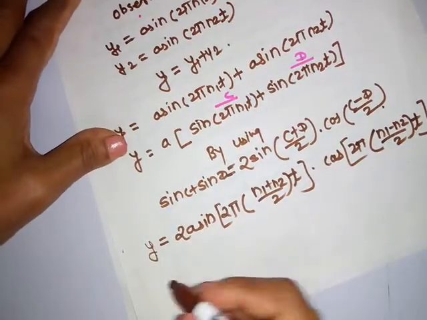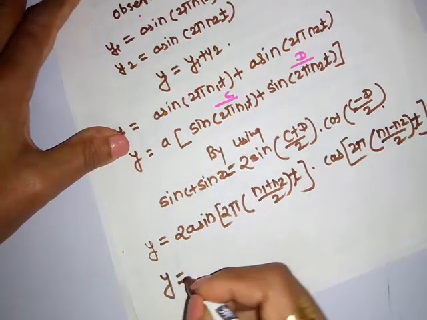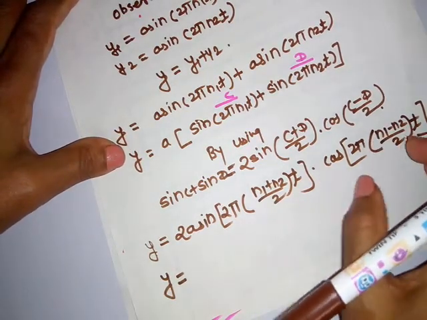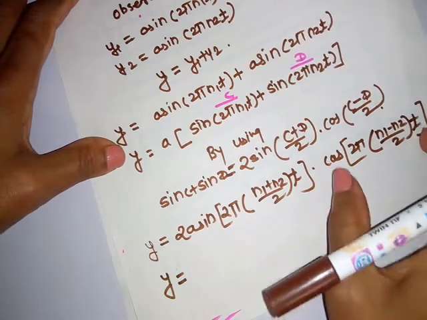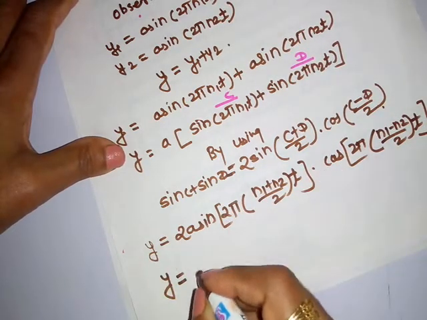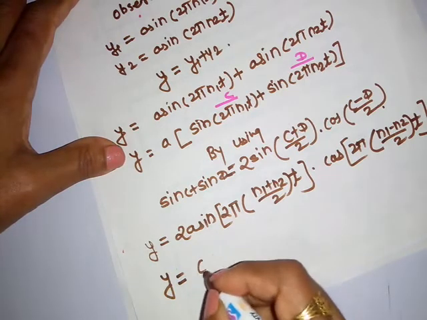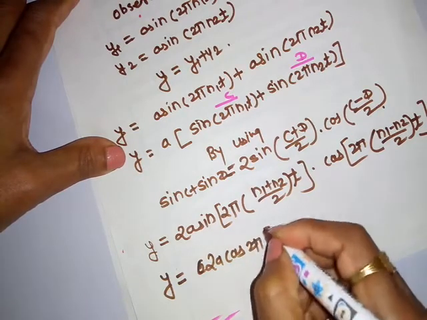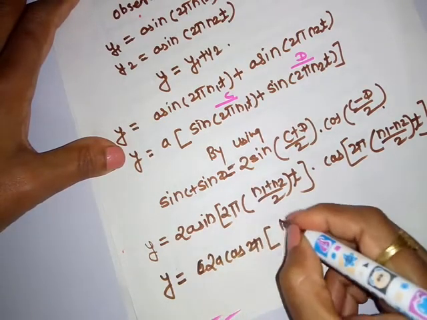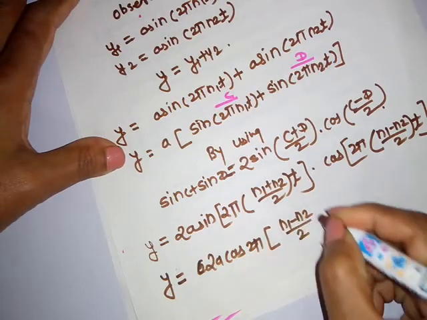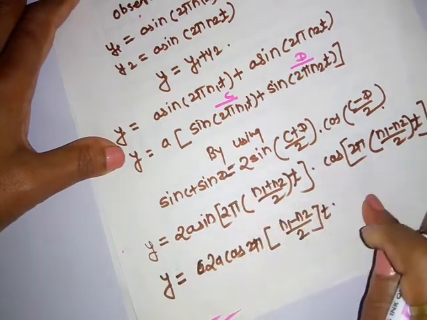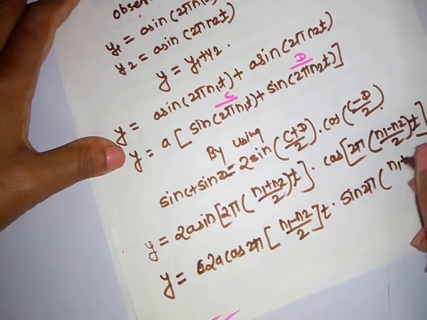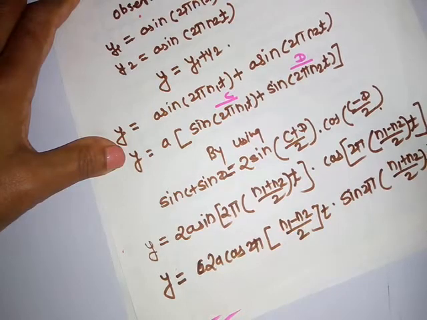Now this can be written with only the position of this term changed: cos(2 pi (n1 minus n2) upon 2 into t) in the first position. Then this equation can be written as y is equal to 2a cos(2 pi (n1 minus n2) upon 2 into t) into sin(2 pi (n1 plus n2) upon 2 into t).